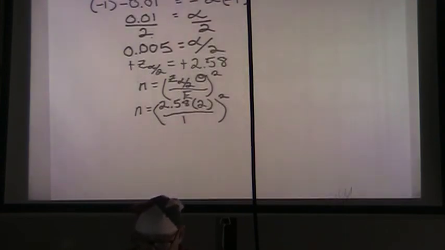Equals power left parenthesis 2.58 times 2 divided by 1, comma, raised to the power of 2, right parenthesis, and I get 26.63.